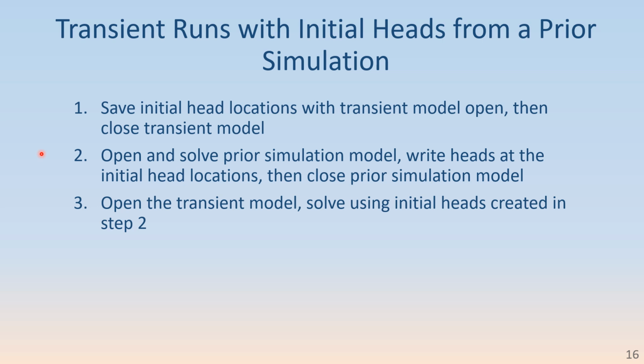Maybe it's a steady state, maybe it's a different transient model. Either way, you then write the heads at the initial head locations that were defined in step 1, and then you close that model. And you go back to your transient model in step 3, and you solve, and when it asks for your initial head file, you point to the file that you created in step 2.